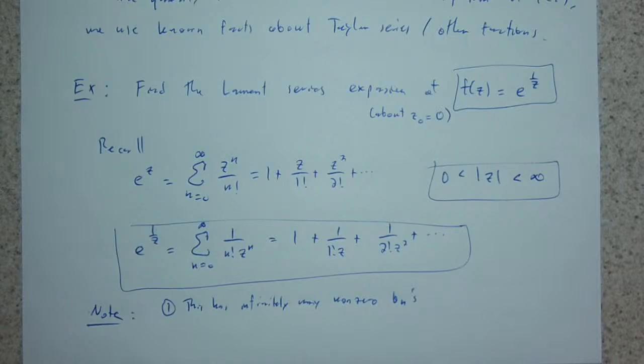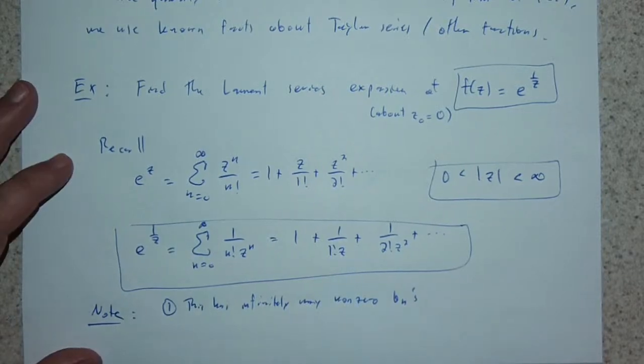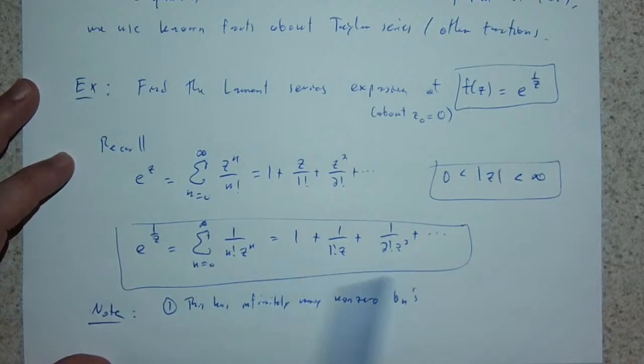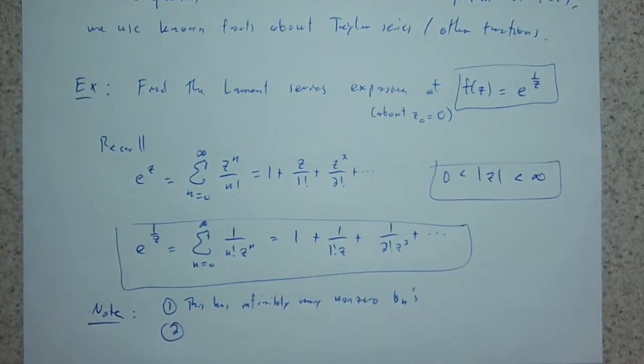That's what essential singularity means. Literally, it means exactly this: infinitely many non-zero coefficients in the Laurent series on the negative powers. But specifically, these are actually easy. I can just pick them out.